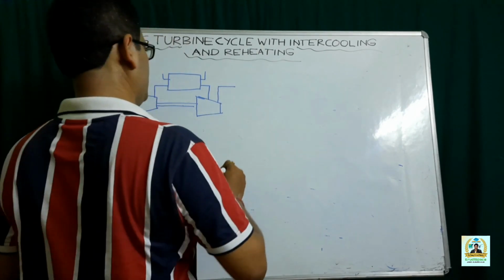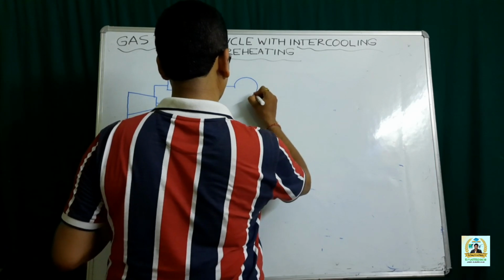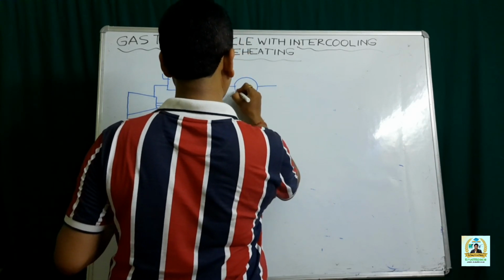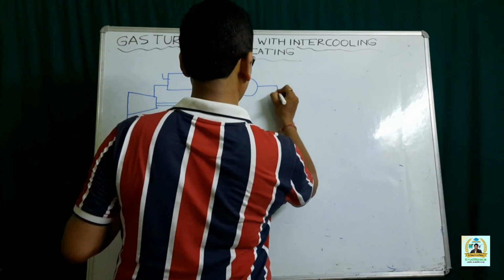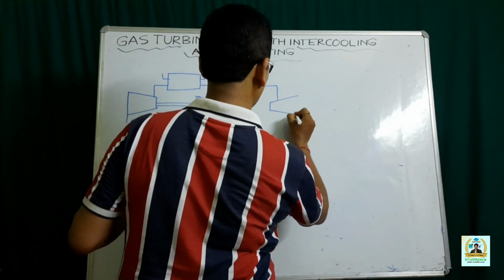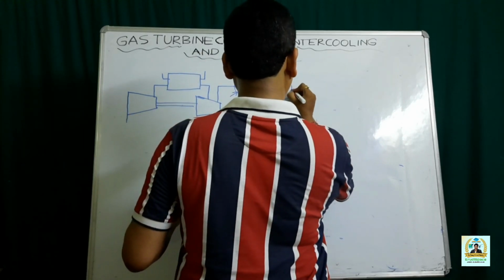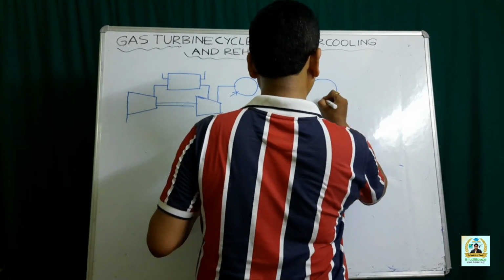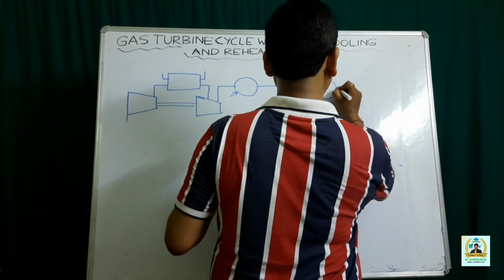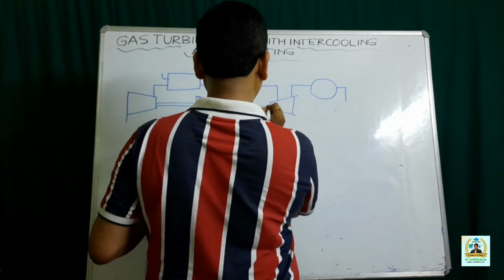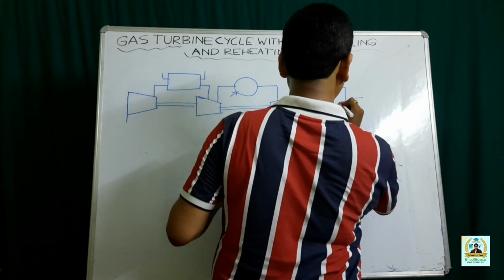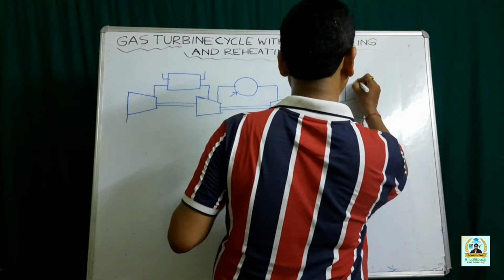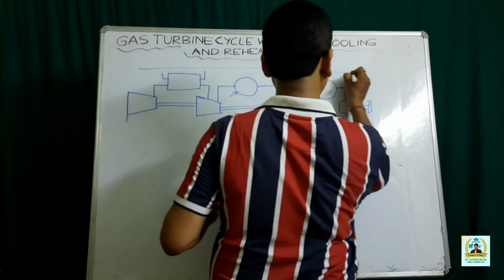After that, it is taken to the combustion chamber, where both heat and fuel are added. Then it is taken to the first stage of the turbine. After that, it is taken to the reheater. Then it is taken to the second stage of the turbine, and finally it is exhausted.